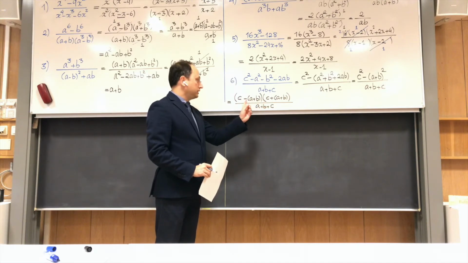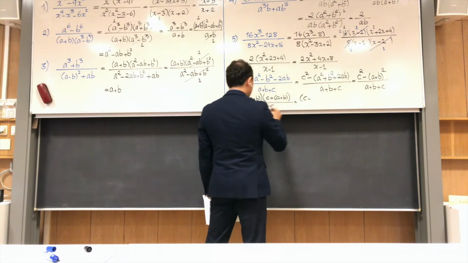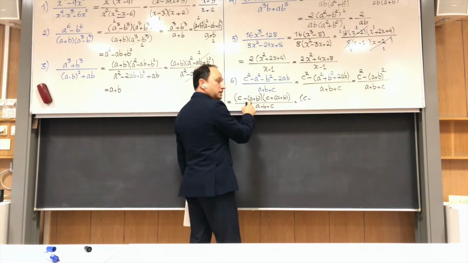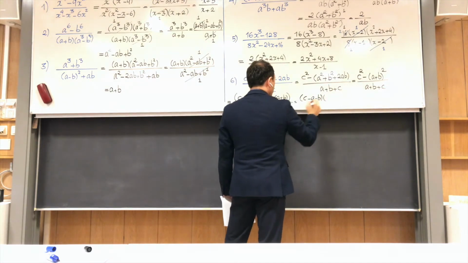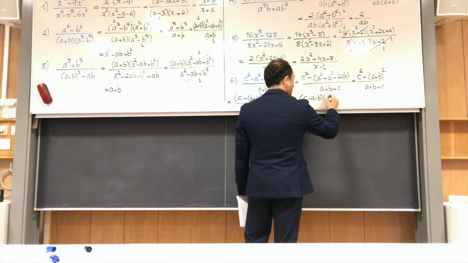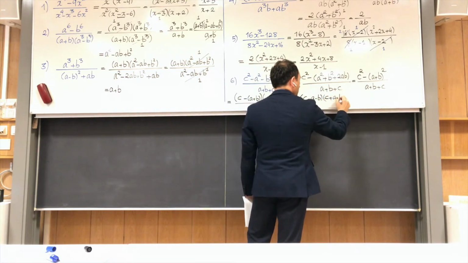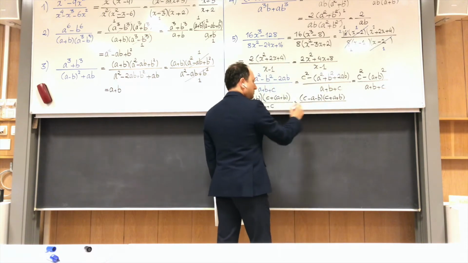It's better to remove them, but there's a negative sign. So then it becomes c, and this negative sign goes inside. It becomes negative a, negative b. But this pair of brackets can be simply removed. Nothing changes. So it becomes c plus a plus b. And in the denominator, I will have a plus b plus c. Yes?